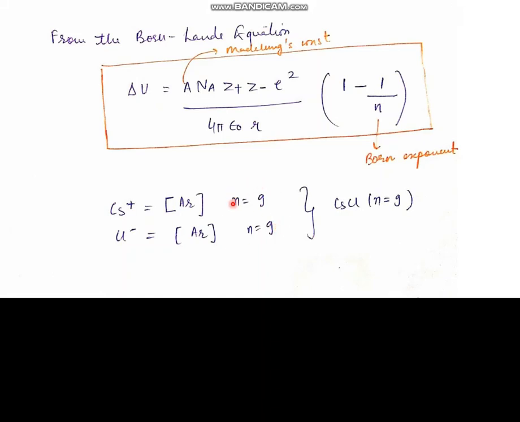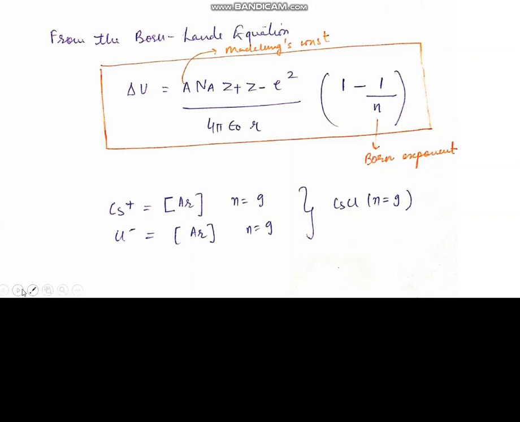So the average of 9 and 9 is 9. Whenever you get different values of Born exponent, you have to take the average. Here both Born exponents are equal, so their average is also equal. That is, the Born exponent for cesium chloride is 9.